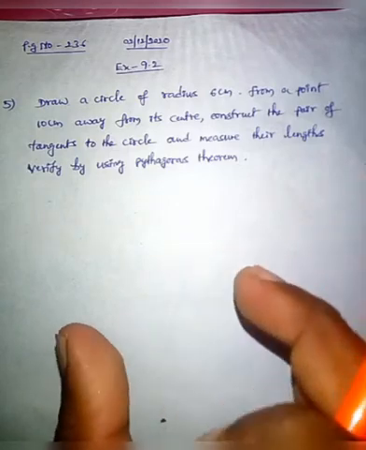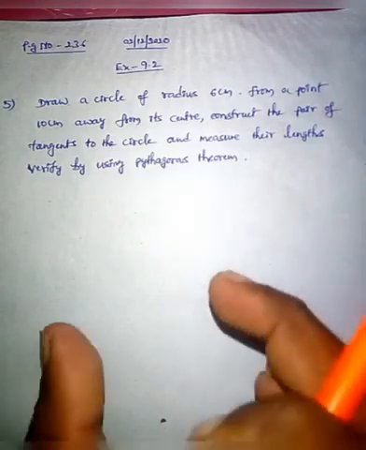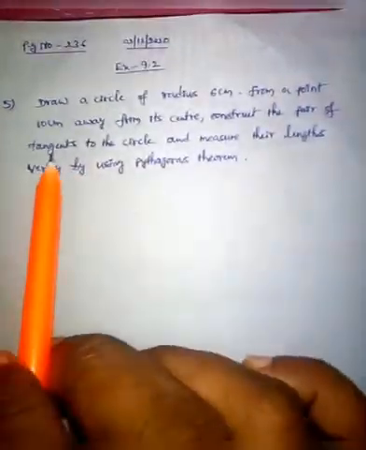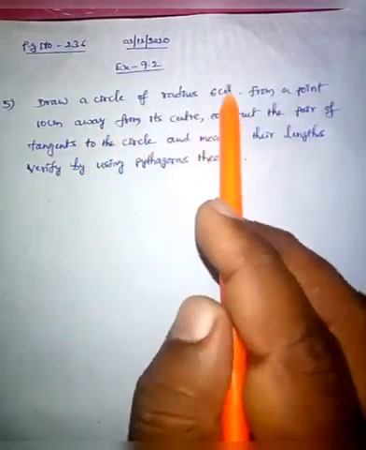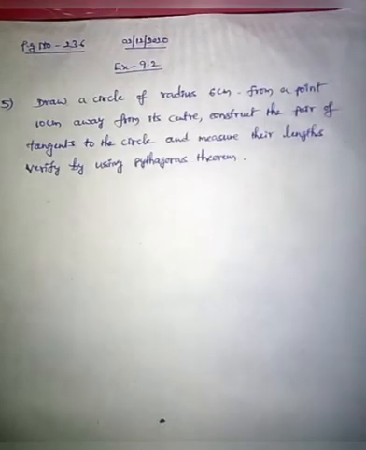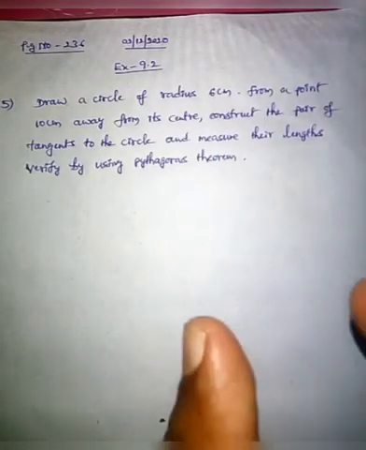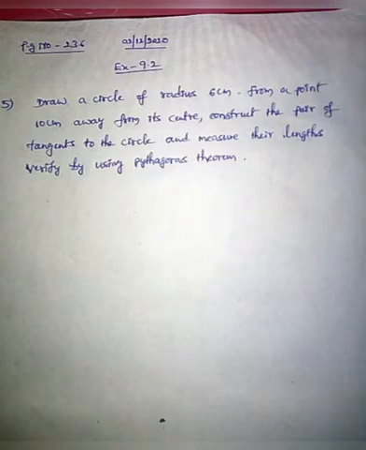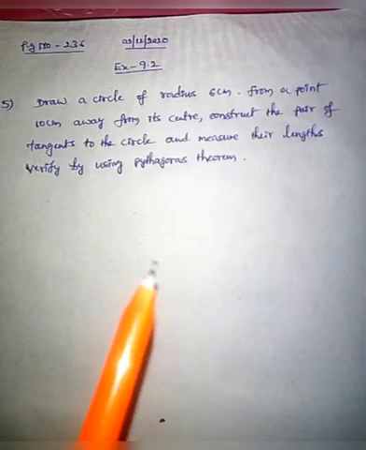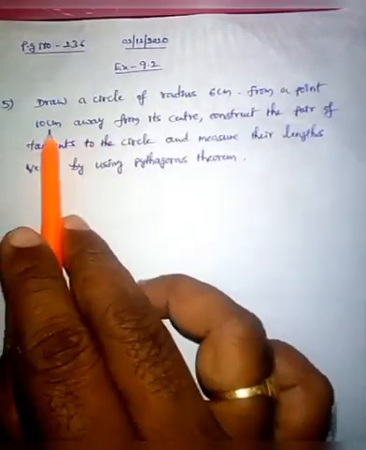Okay children, this is a very important construction in paper 2. We have to draw a circle of radius 6 centimeters and select a point which is outside of the circle. That means the distance between the selected point and the center of the circle is 10 centimeters.